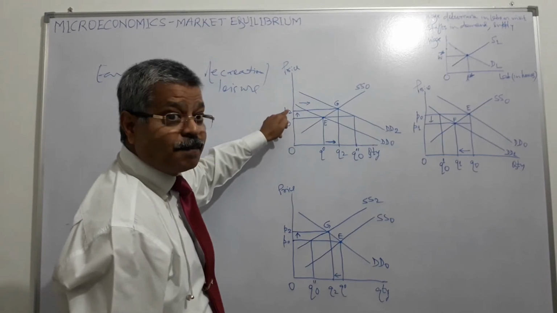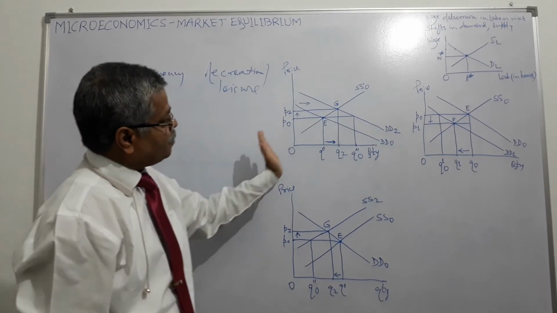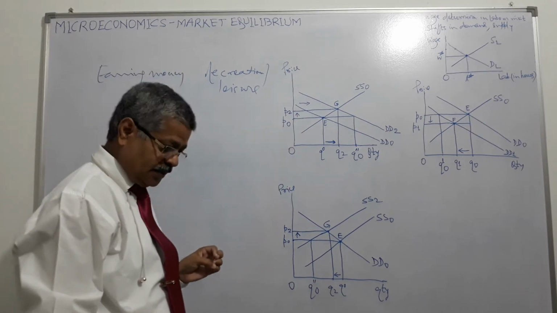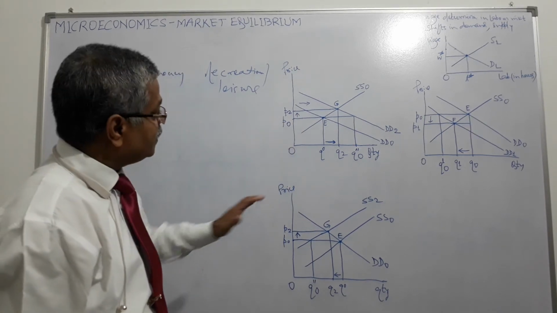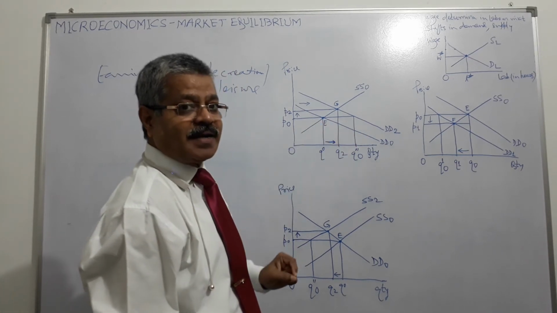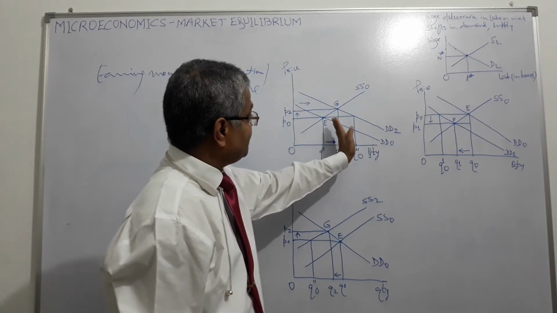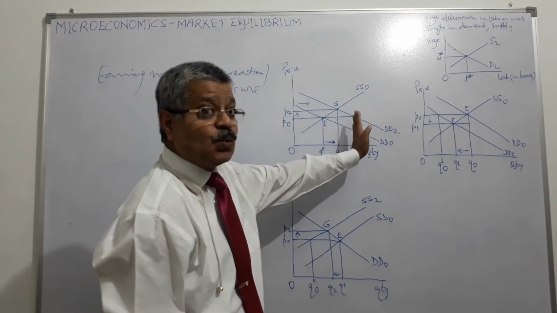Price has gone up. So when the price goes up, supply goes up. Here, what is happening is there is excess demand in the market. Demand has increased from DD0 to DD2.